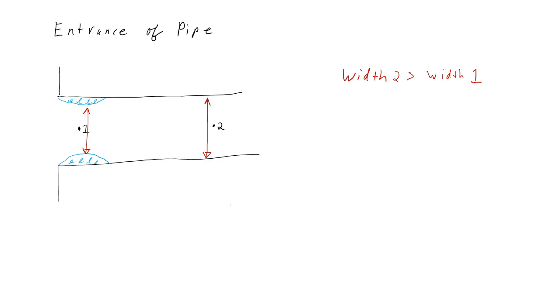But then we also know that by continuity, since the width of 2 is smaller, that means velocity at 1 has to be greater than the velocity at 2.